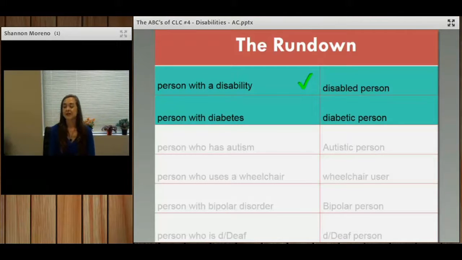Now, person with diabetes versus diabetic person. Here we're using the example of diabetes, but what I'm about to say really can apply to pretty much any chronic medical condition. So things like Crohn's disease, things like chronic pain, those are going to fall along the same rough rules or generalizations of what I'm about to say in regards to diabetes.